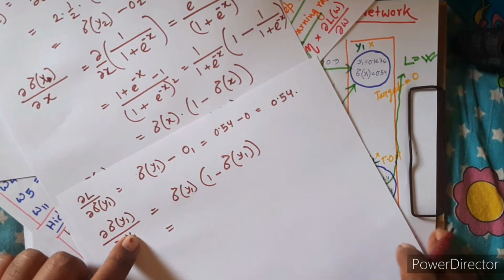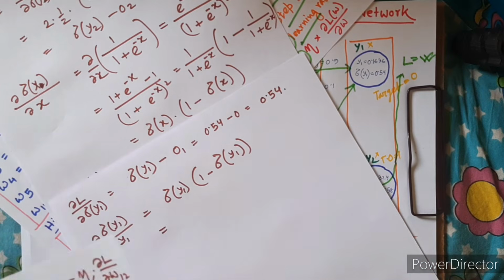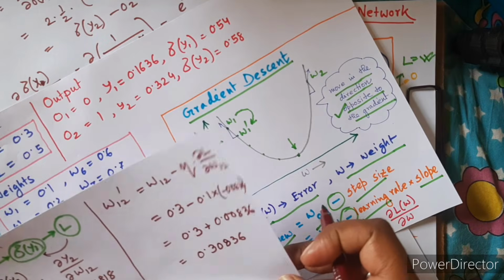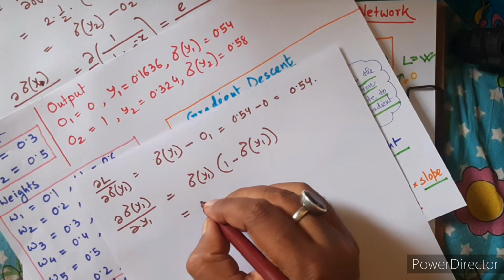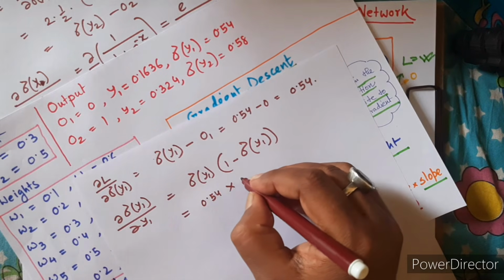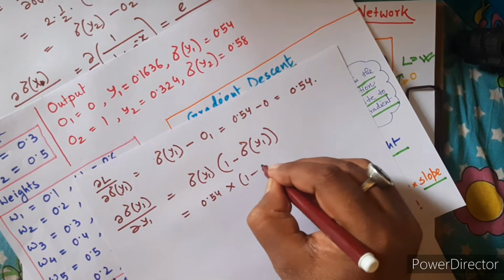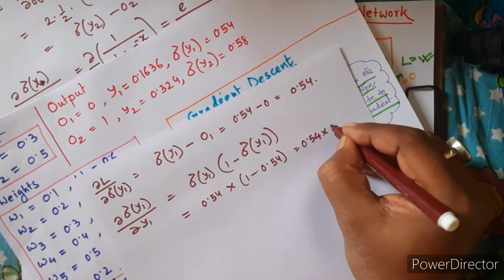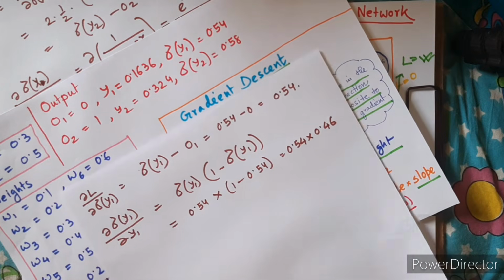So what is sigma of Y1? Sigma of Y1 is 0.54, so 0.54 into 1 minus 0.54 is equal to 0.46. Okay.